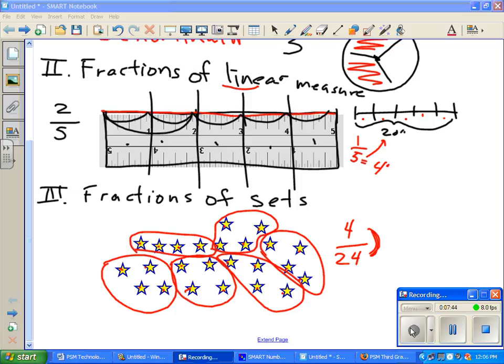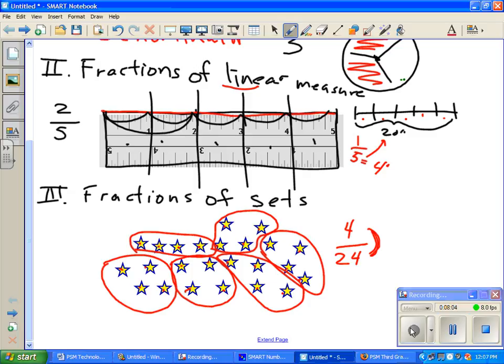So, if I said, what is 1/6 of 24? What is the answer? 1/6 of 24. Kevin? 4. 4. Correct. If we see this mess of a set is divided into 6, it doesn't look anything like our nice neat pie up here.